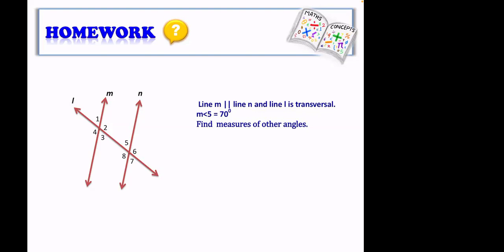Yes? Okay. Ma'am, even I am done. Okay. Here, if you look at this, two lines M and N are parallel. And parallel lines don't necessarily have to be horizontal. They can be vertical also. Vertical, yes.